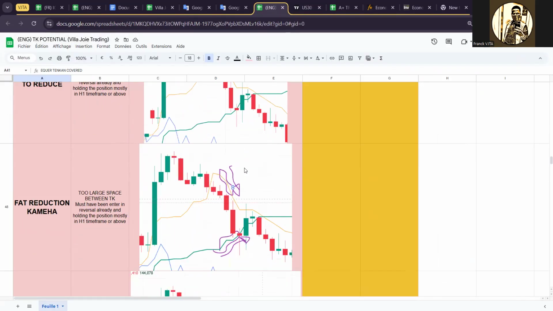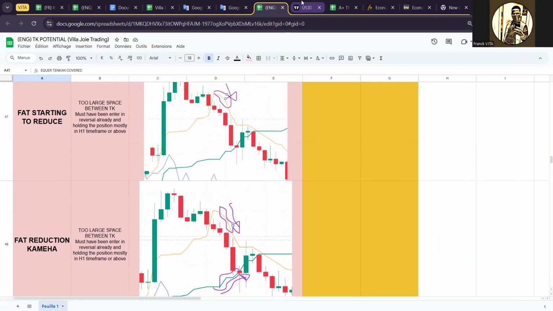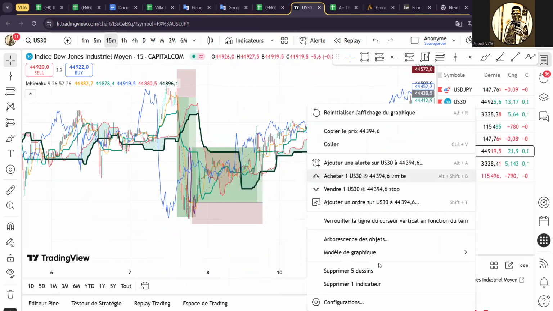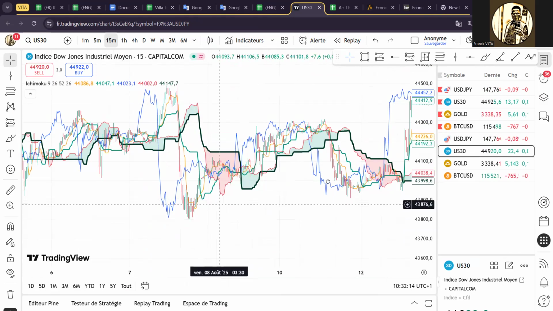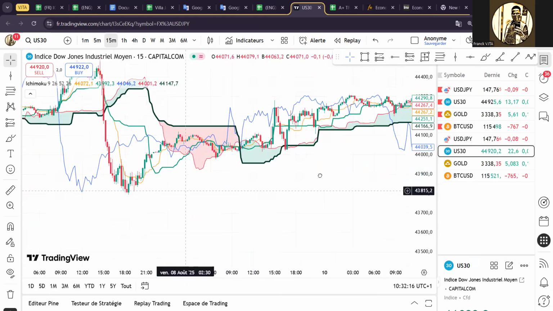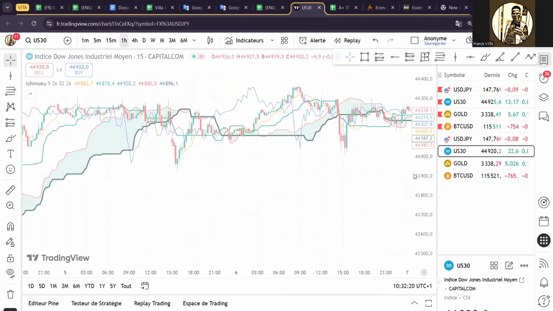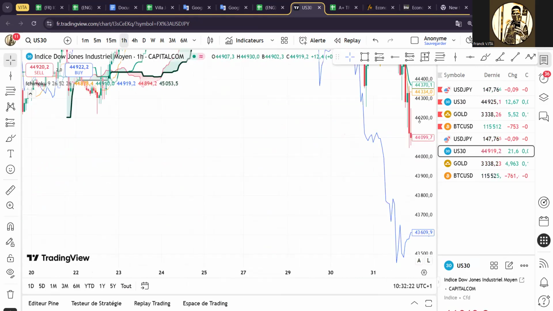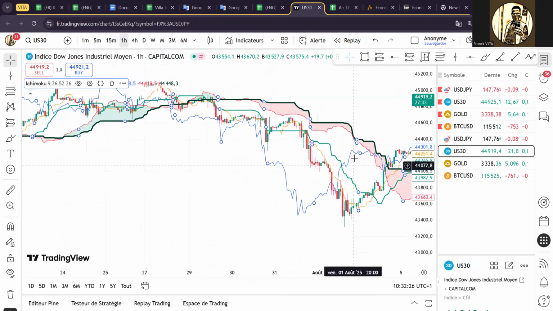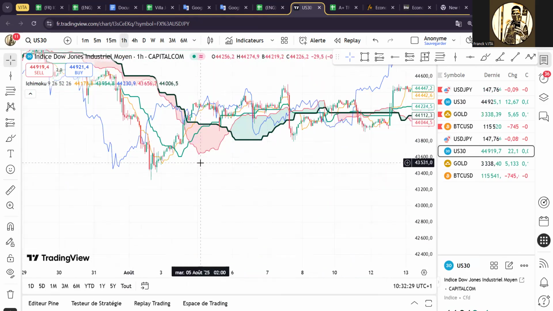So the fat starts to reduce. When the fat starts to reduce, let us take another example in 1 hour maybe. When the fat starts to reduce, you can have an opportunity.